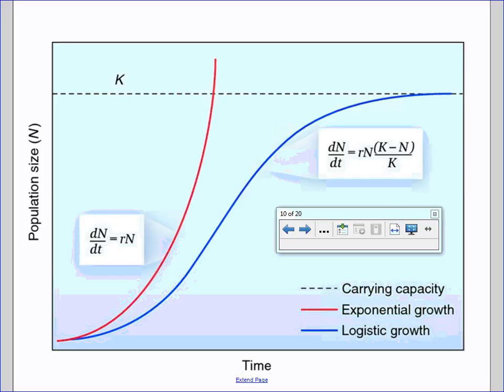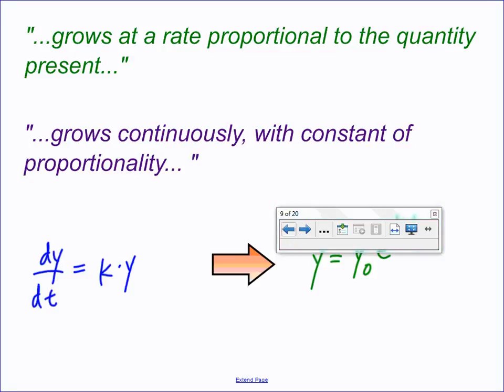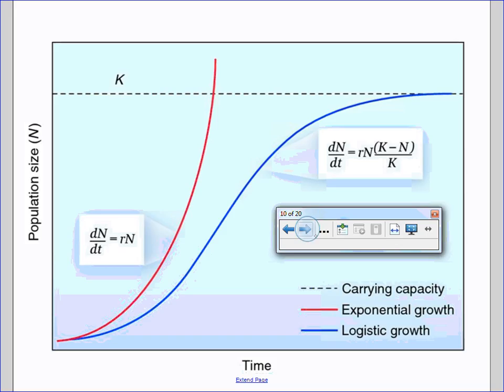The basic differential equation that yields an exponential solution curve is dN/dt equals r times N. That should look familiar. How come? Well, that sure looks like dy/dt equals k times y, where my dependent variable is the y, in this case it's the N. That's my dependent variable.